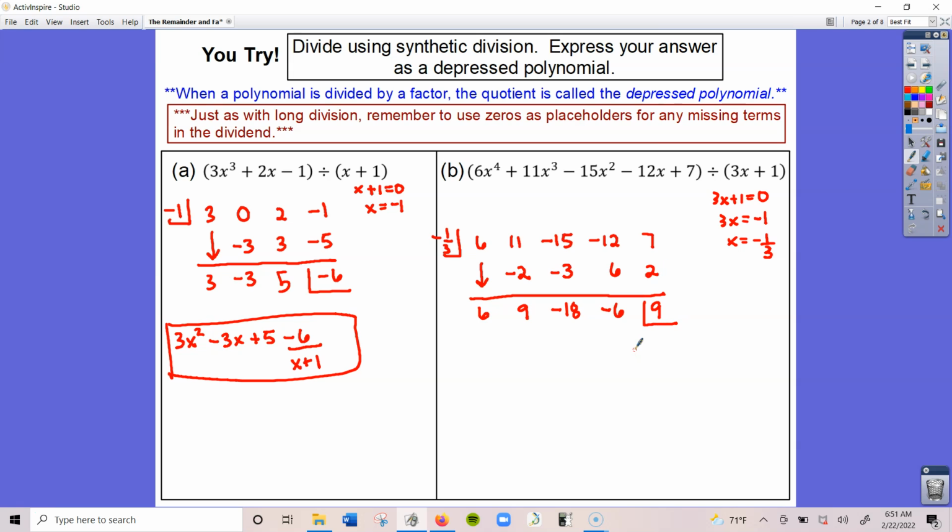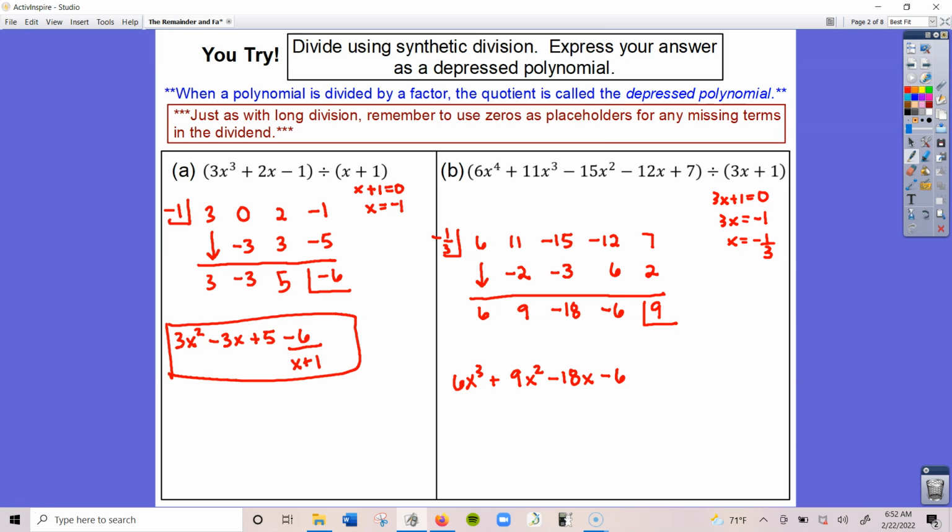This is my remainder. Since my original polynomial was to the fourth, that means that my answer is one less, third. So this starts with 6x to the third plus 9x squared minus 18x minus 6.